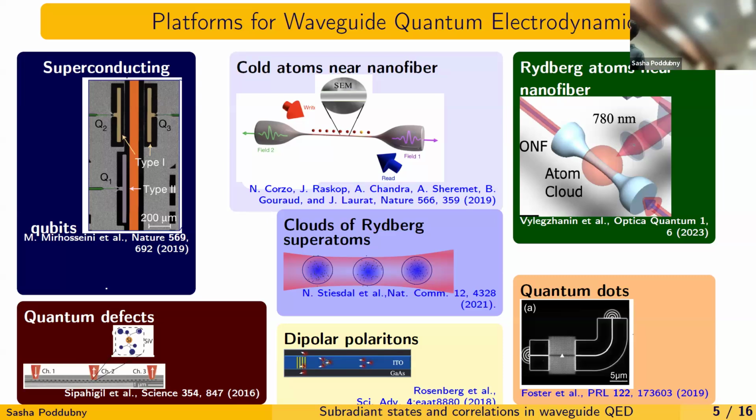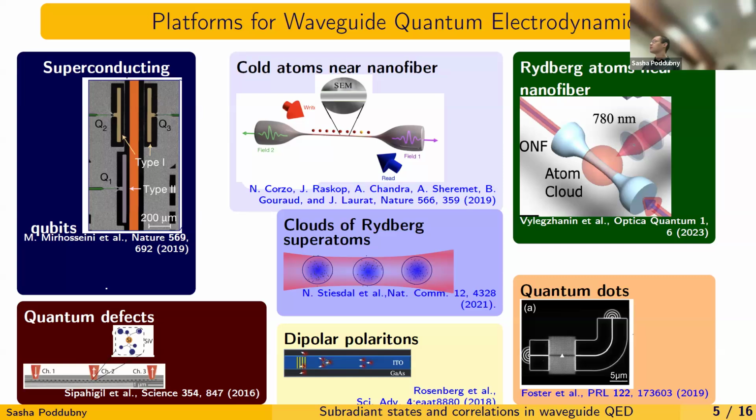Now you can also have cold atoms which are trapped near a nanofiber. So this operates in the optical spectral range, say rubidium or cesium. You can also have a cloud of Rydberg atoms, which is kind of the same thing, but you can also have quantum dots, say single quantum dots, which are positioned in a nanophotonic waveguide.